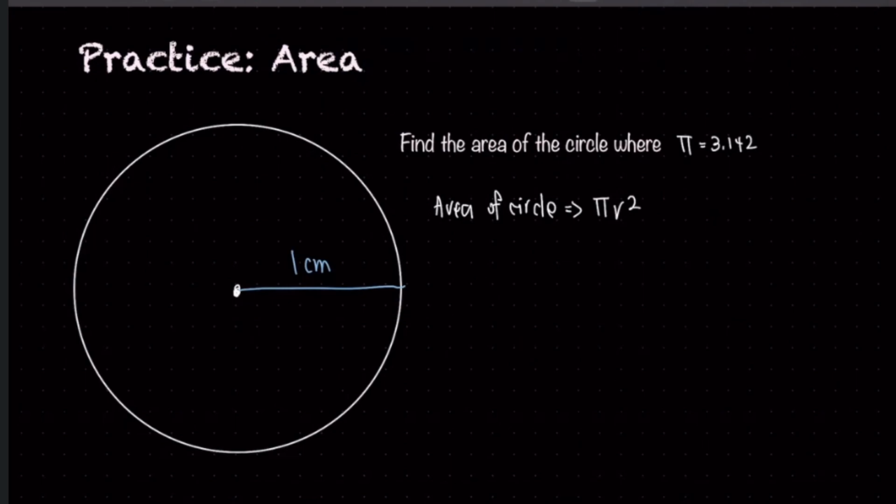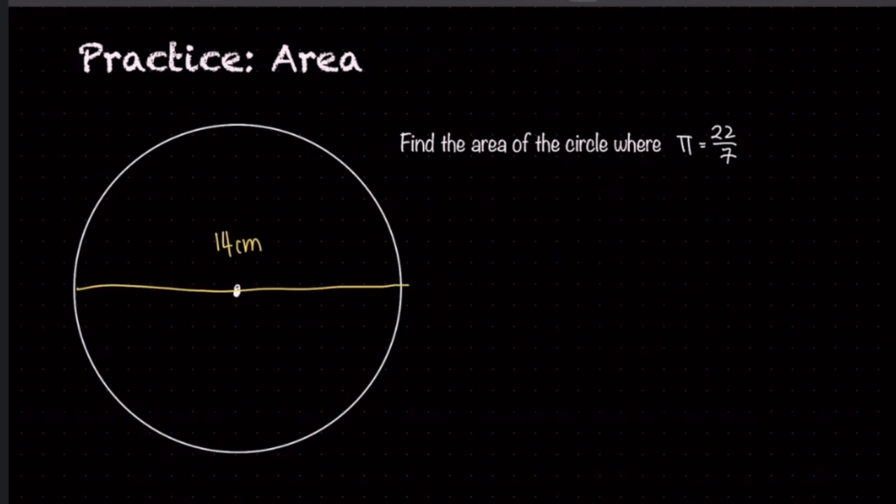So we have this pi 3.142 times r. What is r? 1 cm times 1 cm. So here our answer would be 3.142 cm square. So that would be the area of this circle.